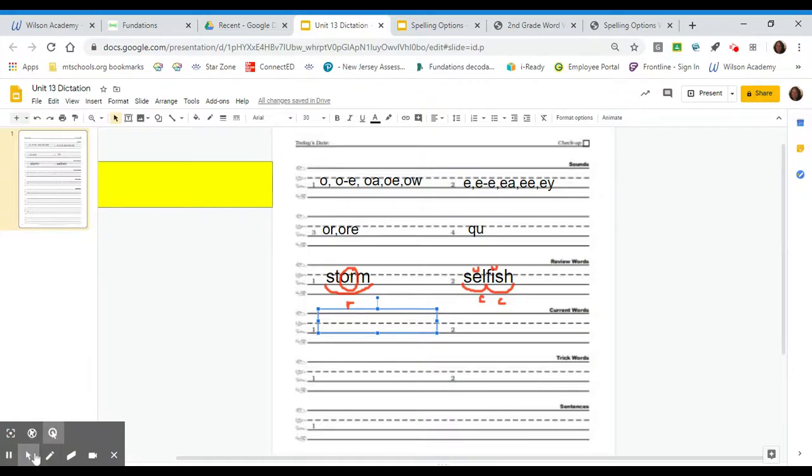Selfish, S-E-L-F-I-S-H. You should have marked your E and your I with a breve, and they are both closed syllables. Now we are on current words.